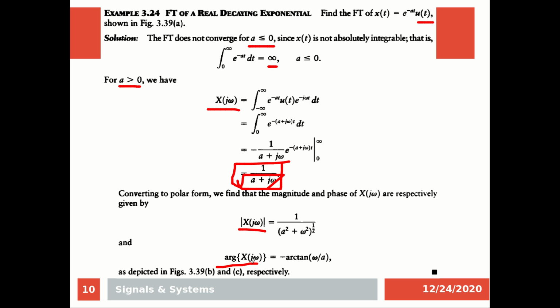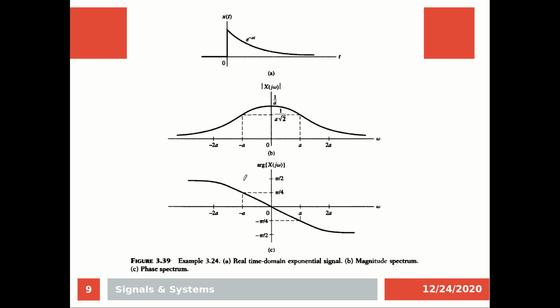Okay, and the phase is minus tan to the power minus 1 of the imaginary part over the real part. So you have to revise complex numbers so you can find the real part and the imaginary part, or the magnitude and the phase of a complex number, since most of the frequency domain is a complex number. Now you can draw it here. You just mark a, 2a, 3a, you can easily draw it.